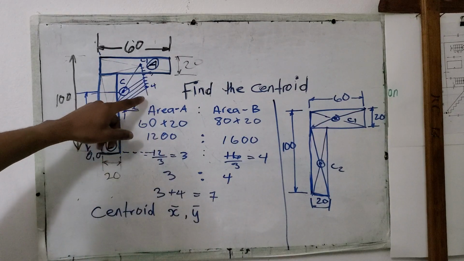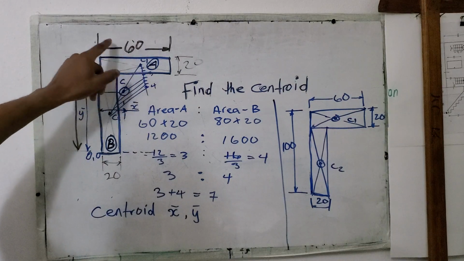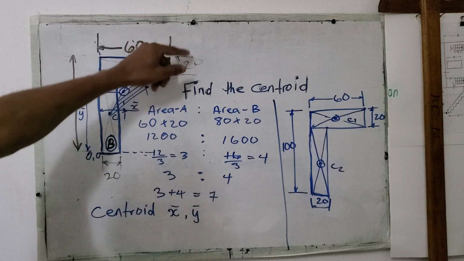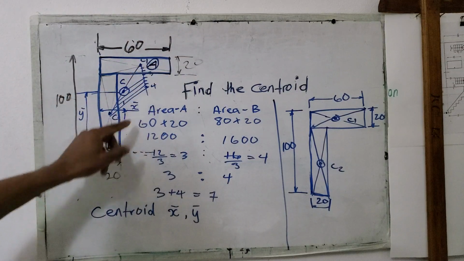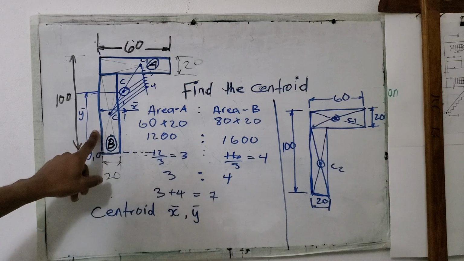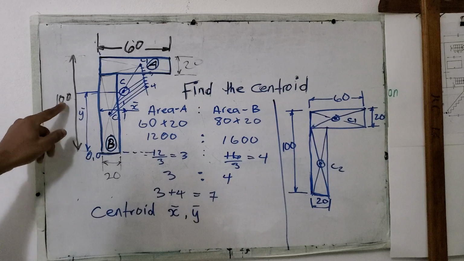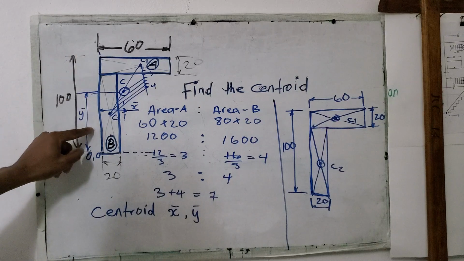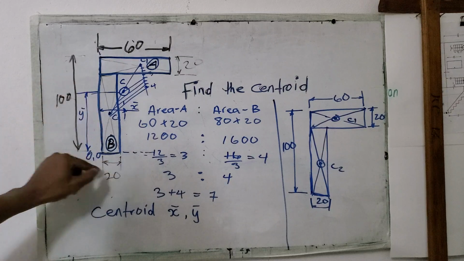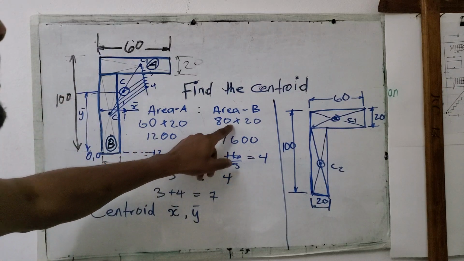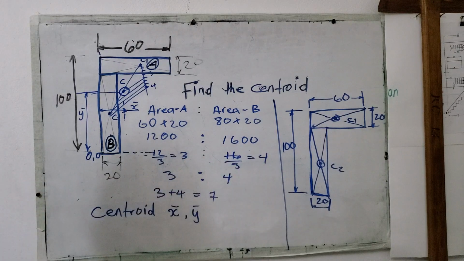Now, area A has an area of 60 by 20, which gives 1200, while area B has an area of 100 minus 20, which is 80 by 20, which works out to 1600.